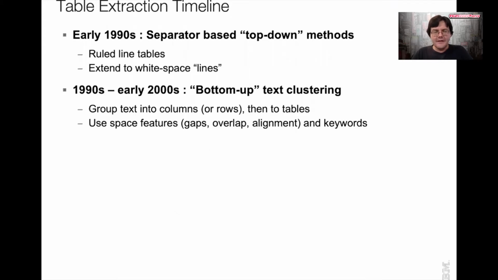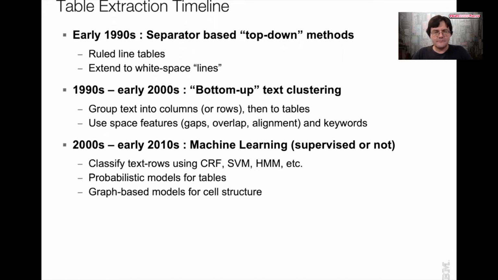Later, people used bottom-up approaches that are based on clustering text into larger units, such as rows, columns, or some paragraph-like units, blobs, using spatial information such as gaps, overlap, alignment, as well as table-specific keywords. Starting from the early 2000s, machine learning algorithms became popular.